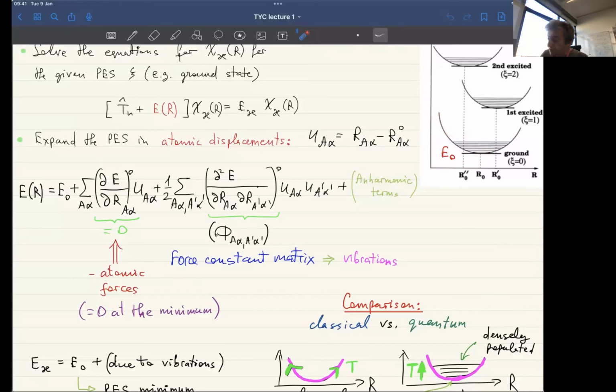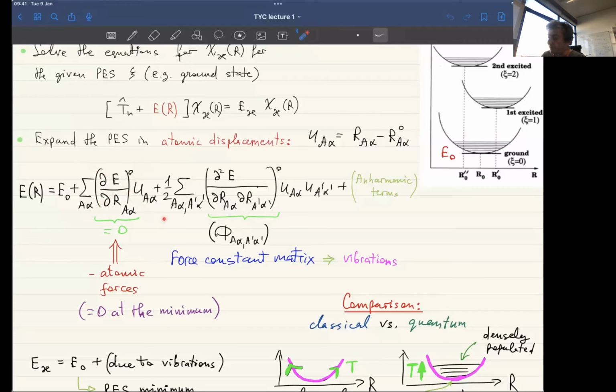Then there will be a linear term, a quadratic term, and so on. The linear term is equal to zero because the first derivative of the energy with respect to atomic positions, calculated at equilibrium, denoted by this zero superscript, is of course equal to zero, because this is the minimum of the potential energy surface. So that term is zero.